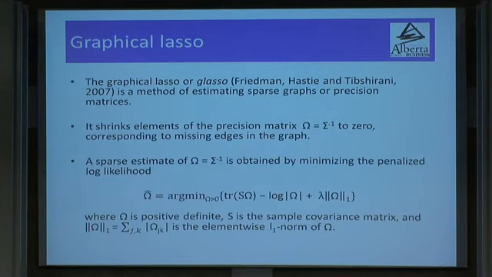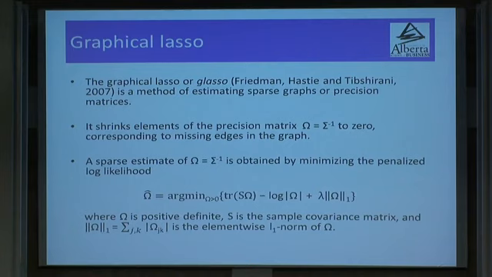So how are we going to estimate the graph? Well, one way to estimate it is the graphical lasso. The graphical lasso, or GLASSO, was introduced by Friedman, Hastie, and Tibshirani in 2007. It's a method to estimate sparse graphs or precision matrices. What it does is shrink elements of the precision matrix to 0, which in our case correspond to missing edges in the graph.